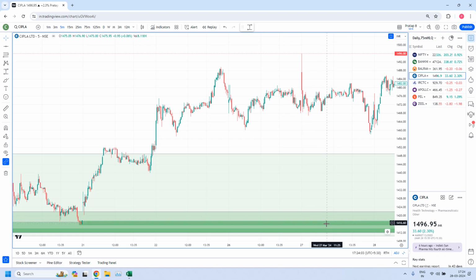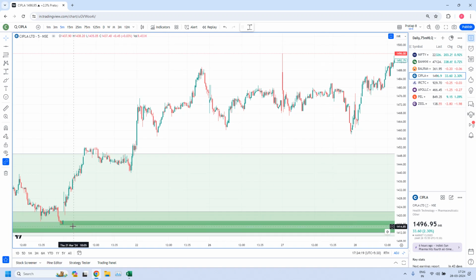And a little above, they created one more 5 minute zone. Suppose the first 5 minute zone is violated, fails, now definitely the second one will work because it would have already consumed a lot of order flow. Or the first itself will give you a successful trade, because it is inside the 15 minutes zone, fine-tuned area. This 15 minutes is inside the 75 minutes area.